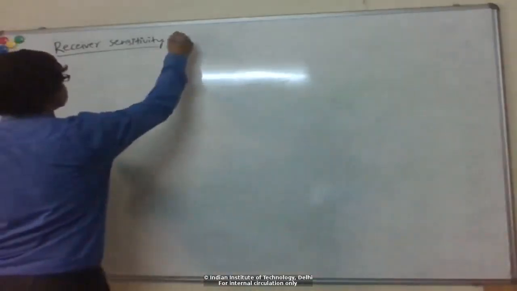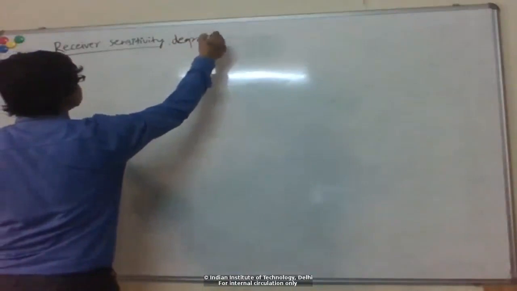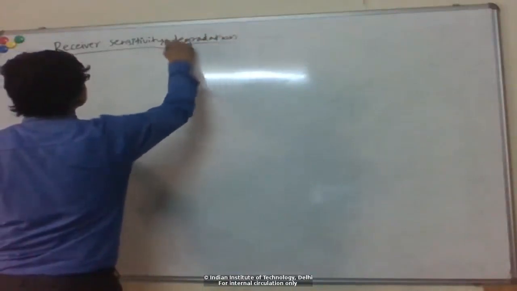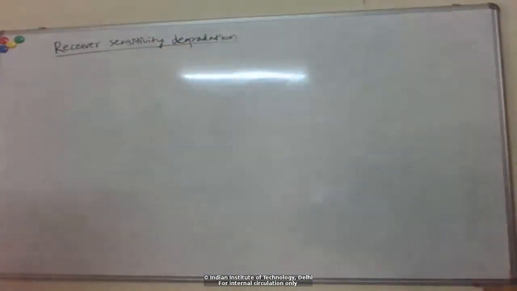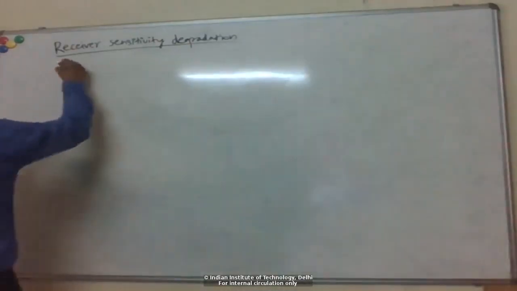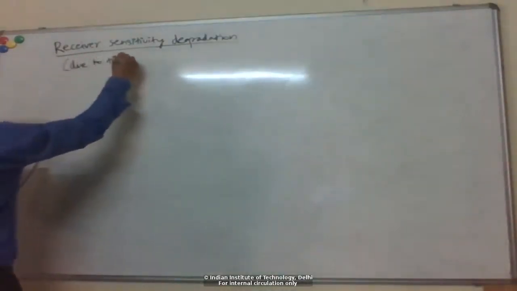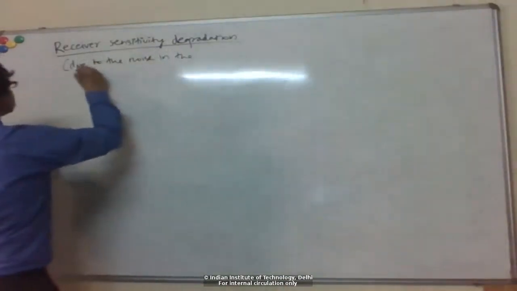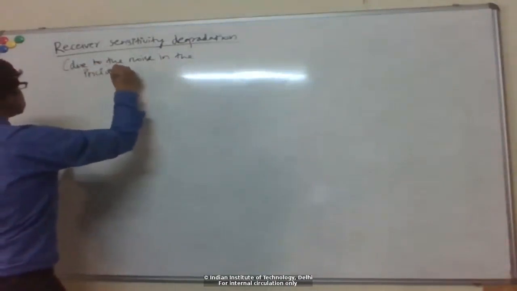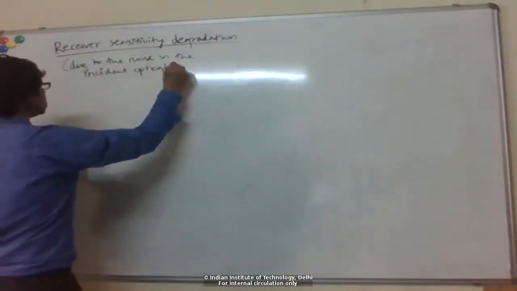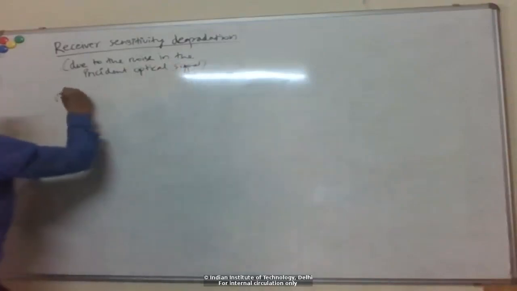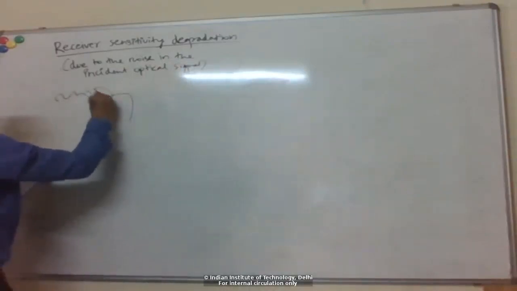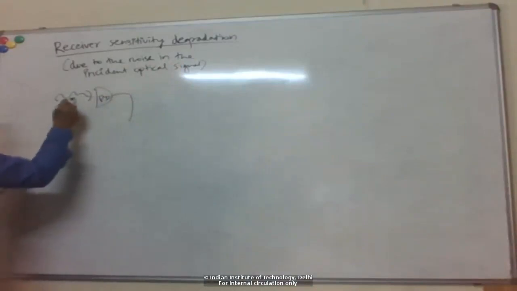Okay, so now what we're interested in is how the sensitivity degrades due to other noise factors, not from the receiver itself. This is due to noise in the incident optical signal itself. So far, the noise mechanism we said was that the optical power incident here has no noise.